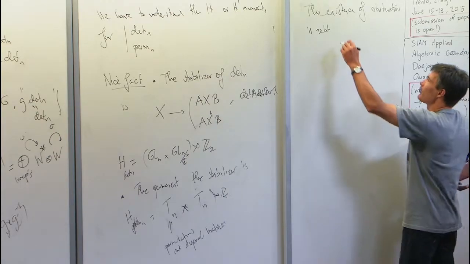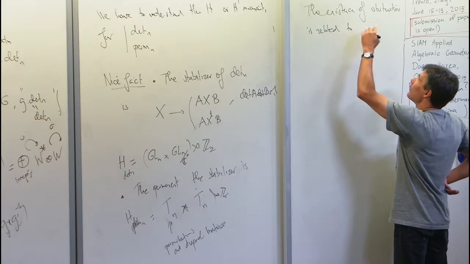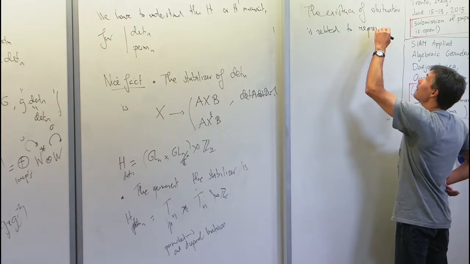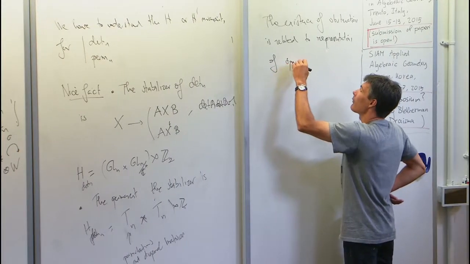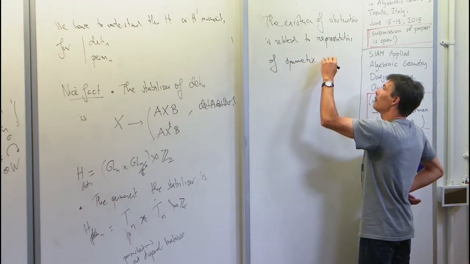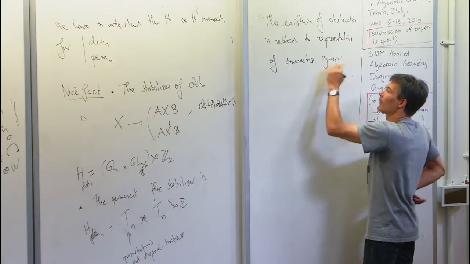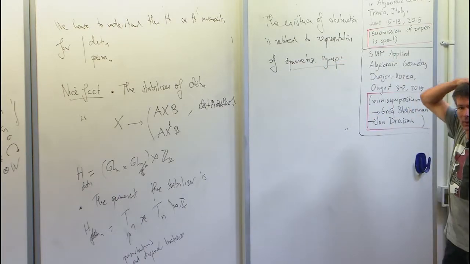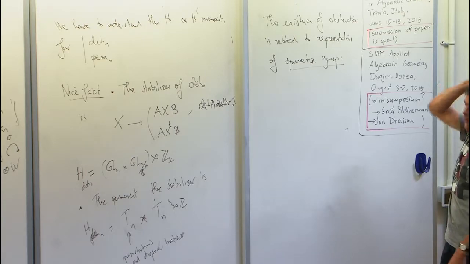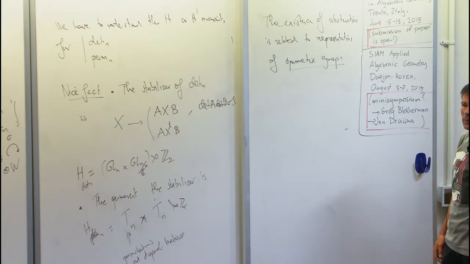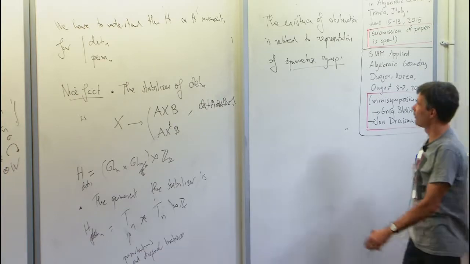The existence of obstructions is related to representations of symmetric groups. Okay, something really fascinating. And in the end, at some point, you need to understand representations of the most basic group, symmetric groups, in particular Kronecker coefficients.